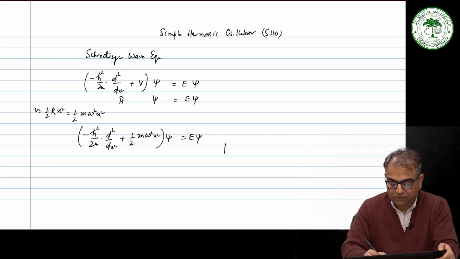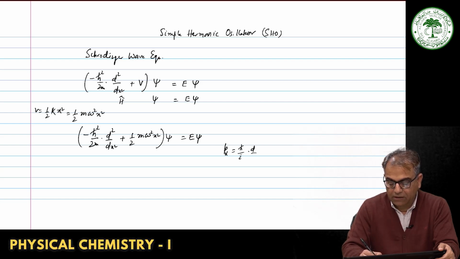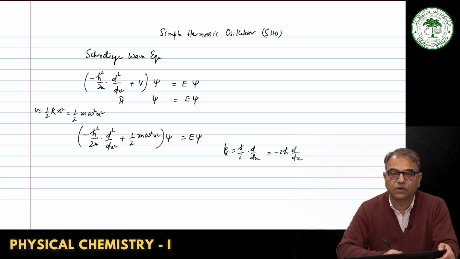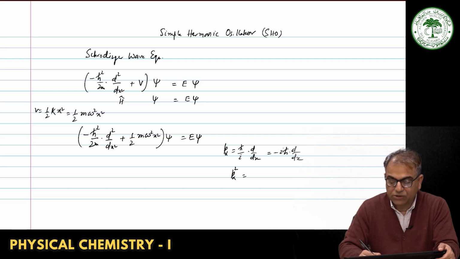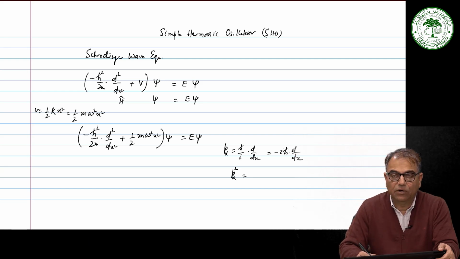You know the x component of the momentum Px has the operator h cross divided by i d/dx, or minus i h cross d/dx; both work. The square of this, Px square, will be h cross square d square by dx square, since i square gives the minus sign.